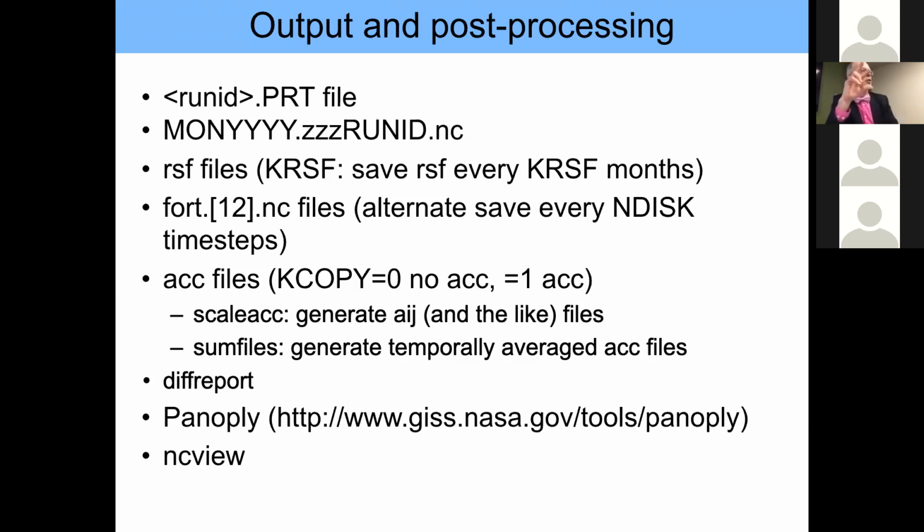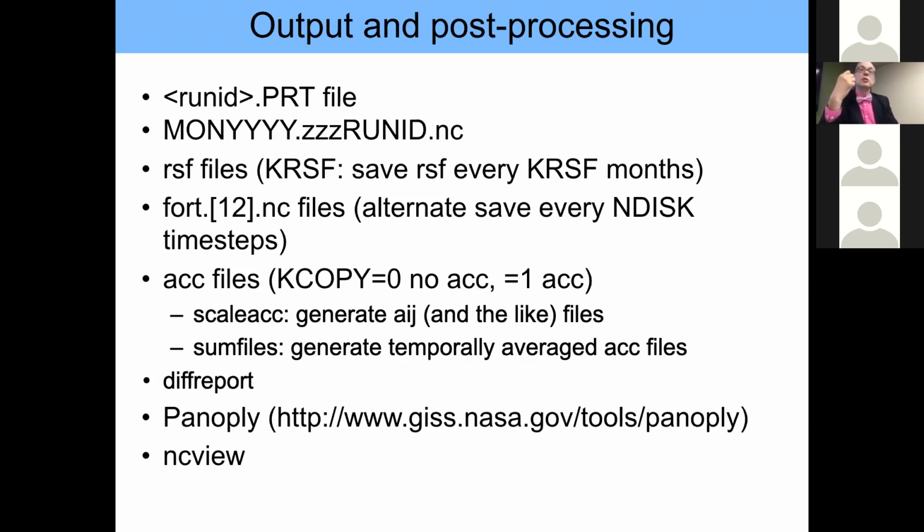So as you saw, there was this December 1949.acc runid.nc file name. Those files contain your model output, but they're not useful to look at by themselves per se. You have to generate diagnostic files from the ACC file.